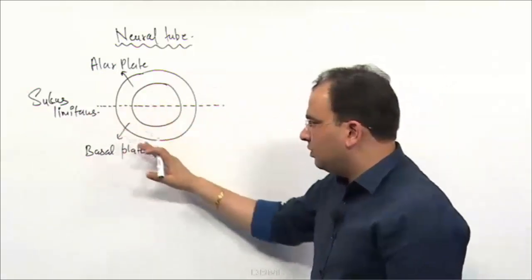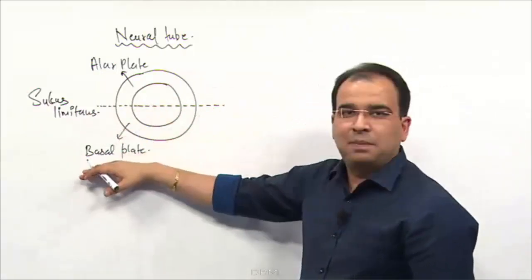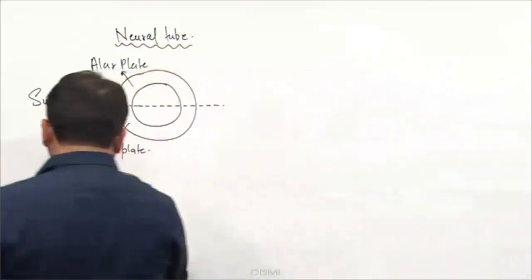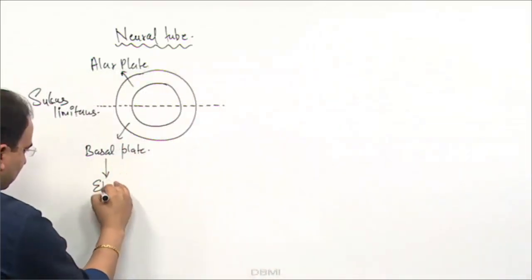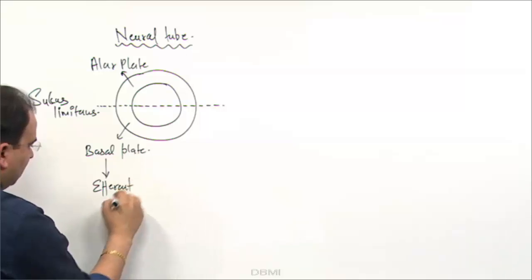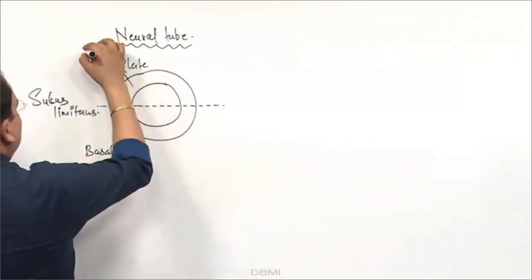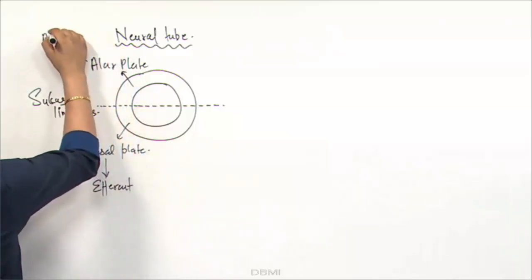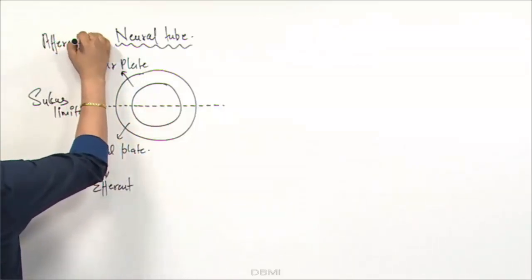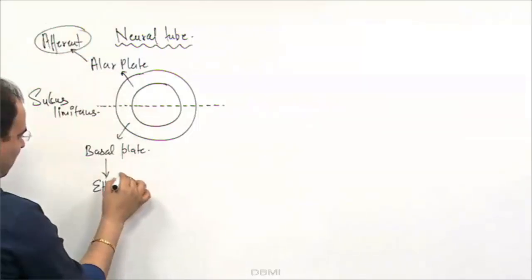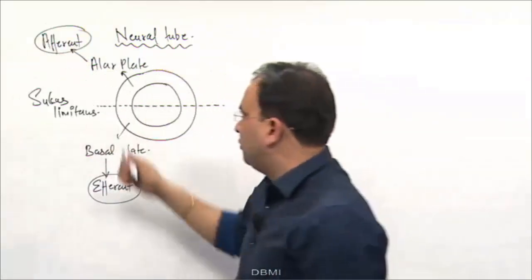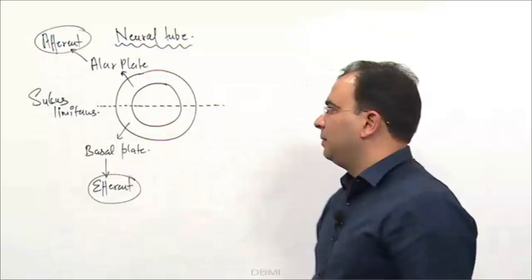So all the cranial nerve columns which develop in the basal part will be motor, or efferent columns. Efferent columns develop in the basal plate, and afferent columns develop in the alar plate. A for alar plate, A for afferent, just to remember it.